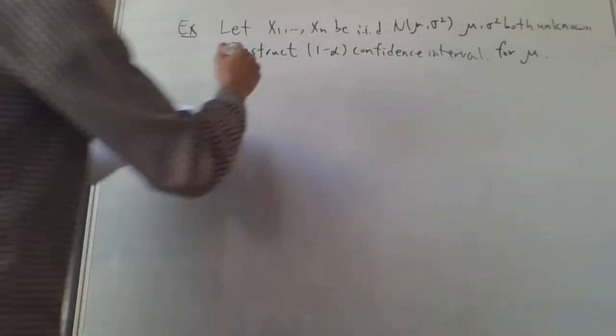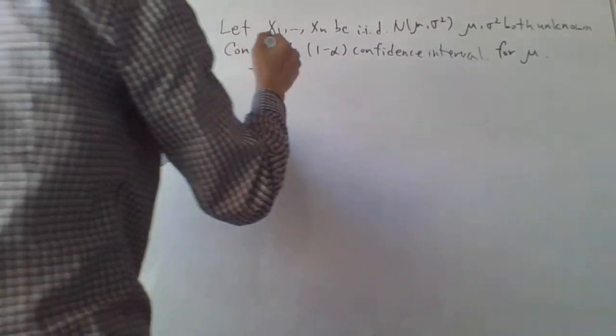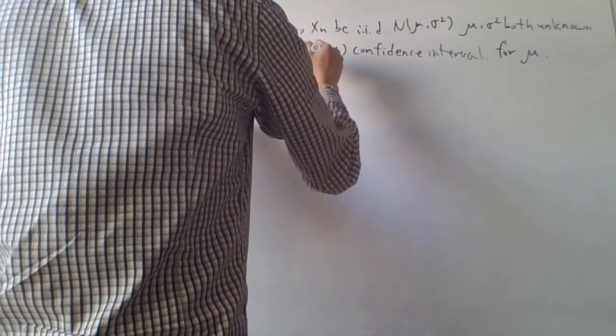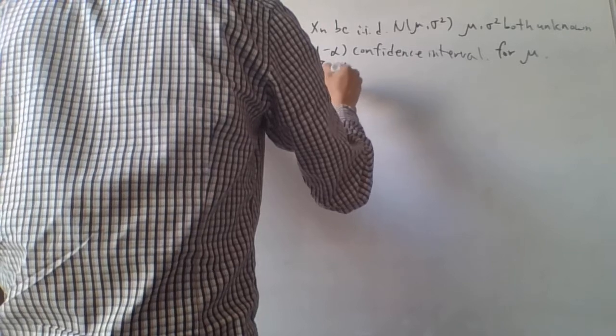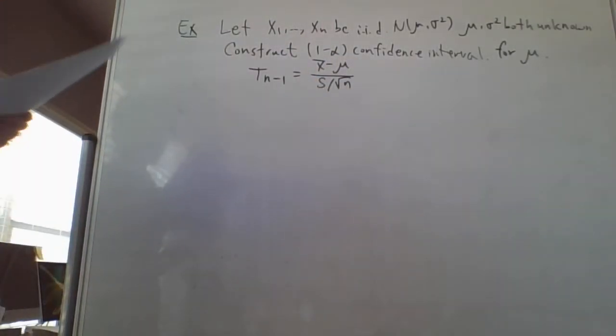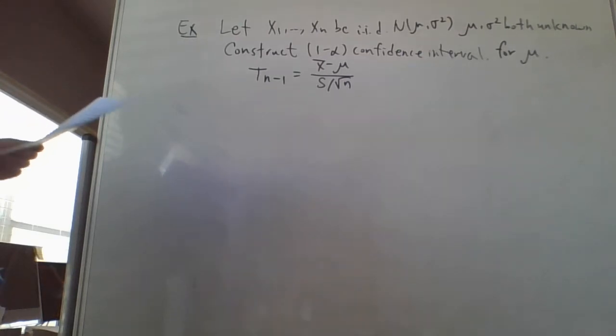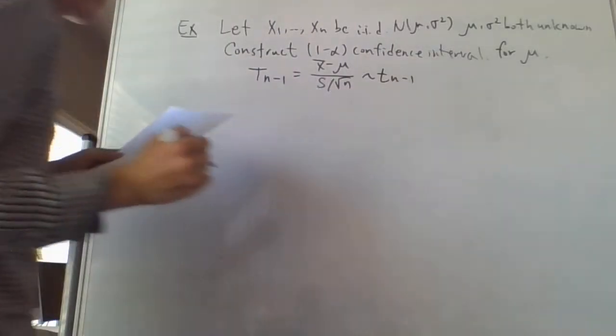So here, t n minus 1 is x bar minus mu divided by s by the square root of n. This t n minus 1 follows a t distribution with n minus 1 degrees of freedom.